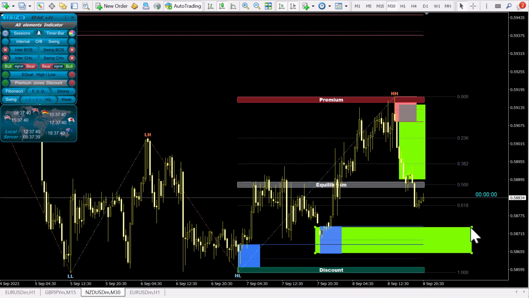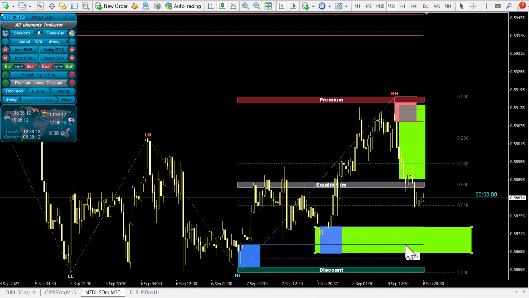Nobody wants to buy it from you. It might come back to an equilibrium, what we call fair value, or move lower even to a discount level, and the perfect or the typical discount level is going to be somewhat this level here at the order block.